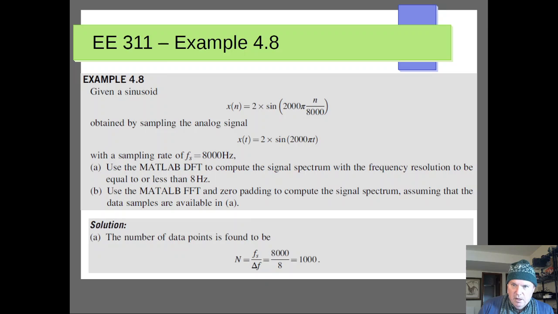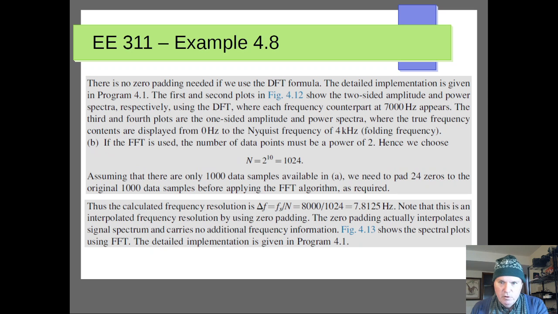We're going to use the MATLAB DFT to compute the spectrum, and we want a resolution of 8 hertz. So we divide our 8,000 by 8, and we want to use an N value of 1,000. That's part A.